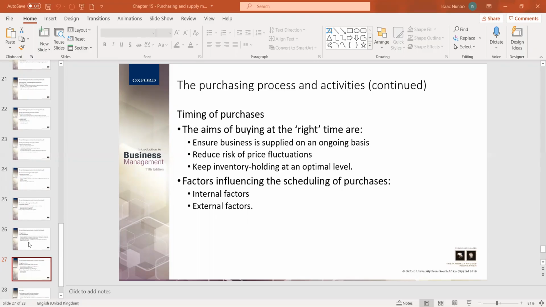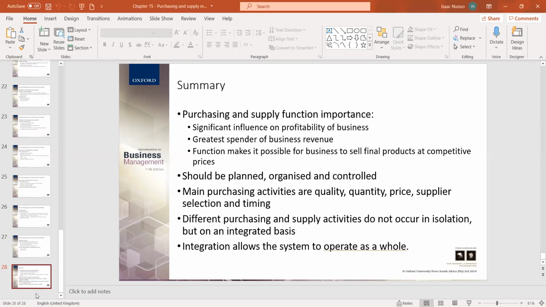So basically, this is what we've discussed so far on purchasing and supply. Let me conclude by saying that purchasing and supply is an important aspect of business, and we cannot ignore it. As a business, we must know that there are certain standard processes involved in purchasing and supply. Everybody can buy, but it takes effort to identify the right quality and the right quantity, and to establish a long-term relationship with suppliers.